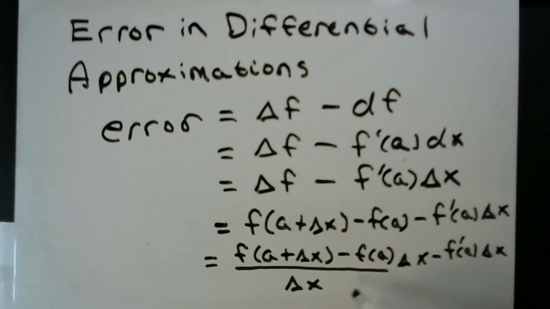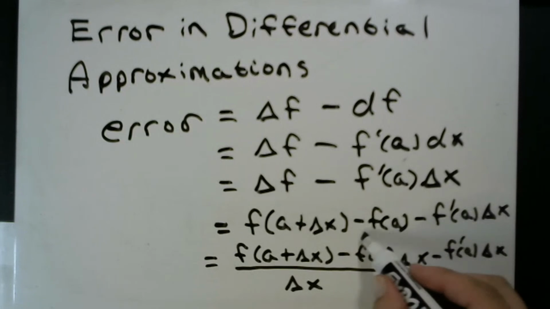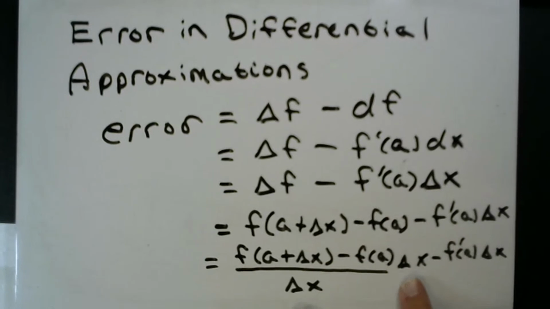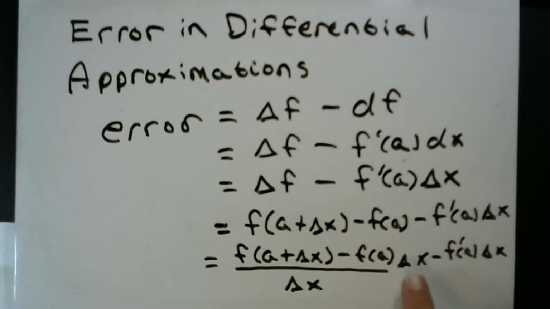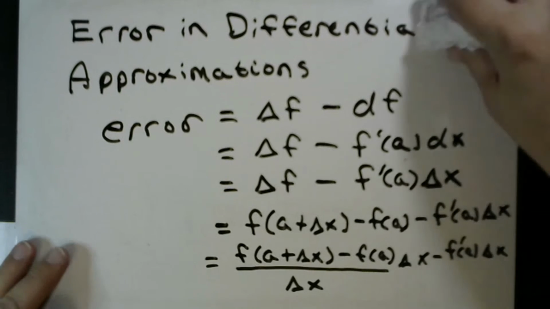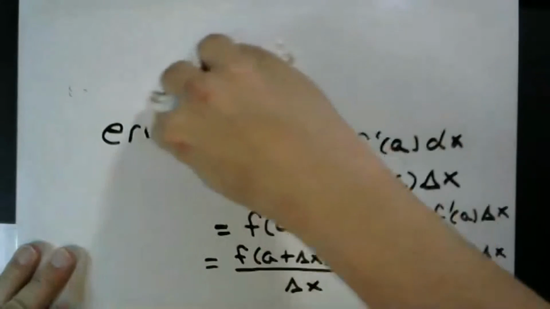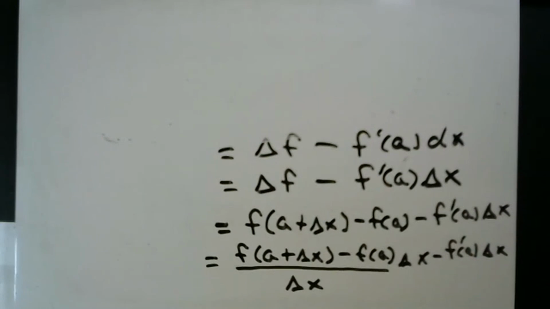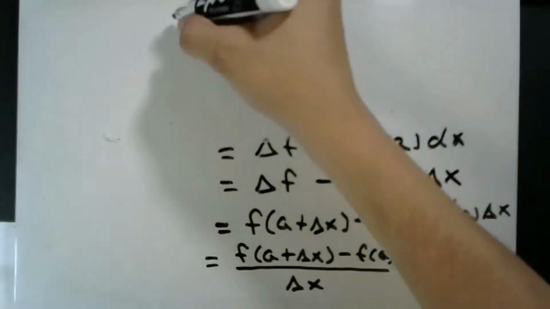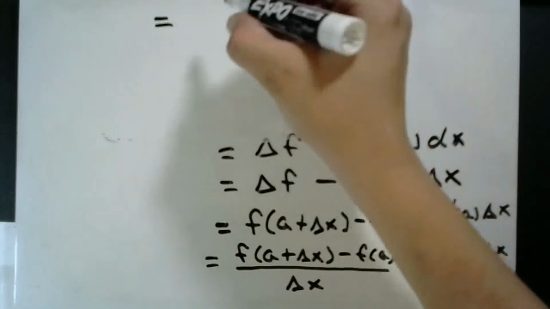And again, this delta x would cancel with this one, and so they would disappear, and you have the original difference. But the reason we can write it like this is now we can factor out a delta x from both of these terms. And that's just kind of a slick algebra trick, one of those things that you just sort of learn in calculus.